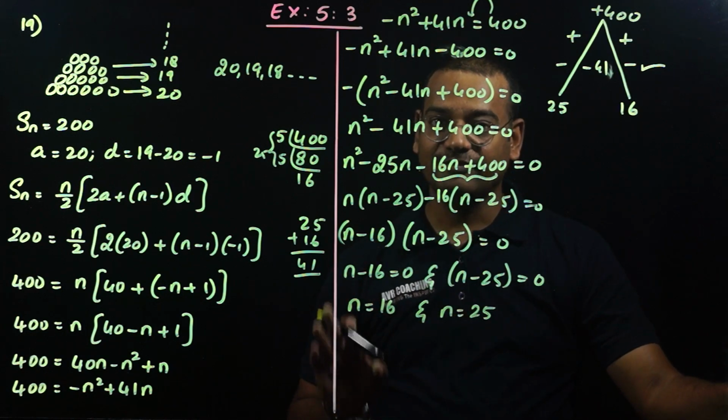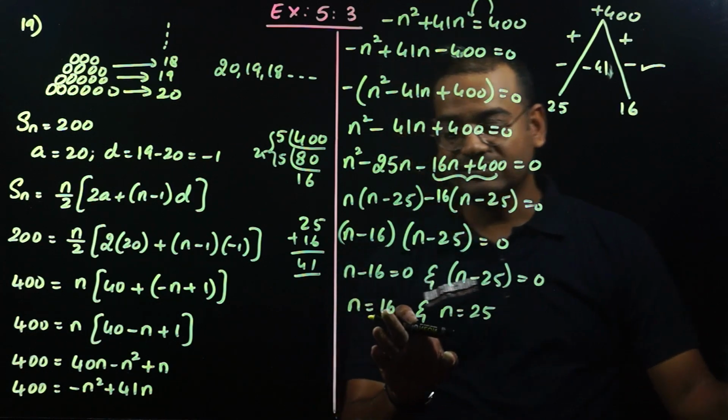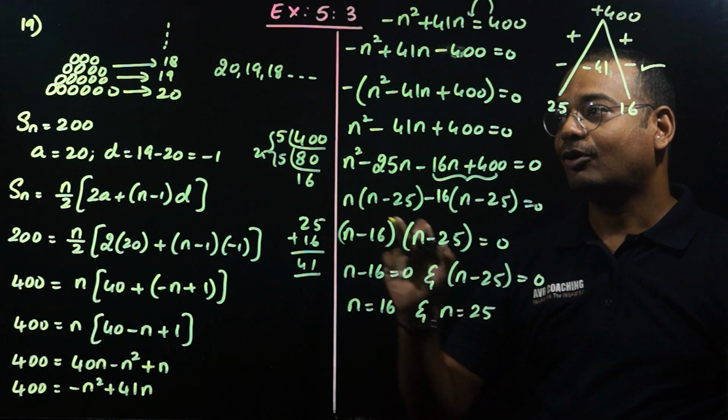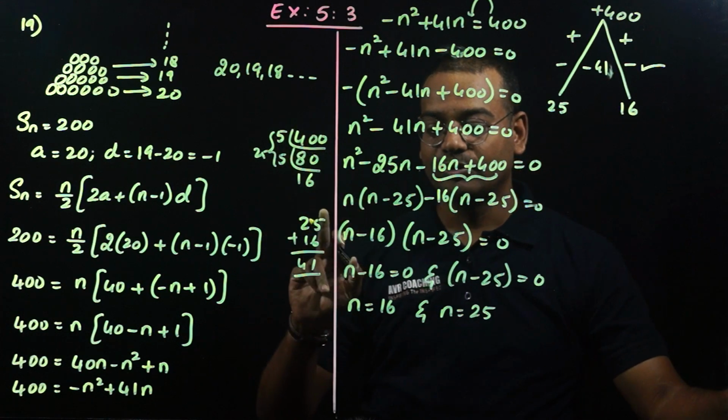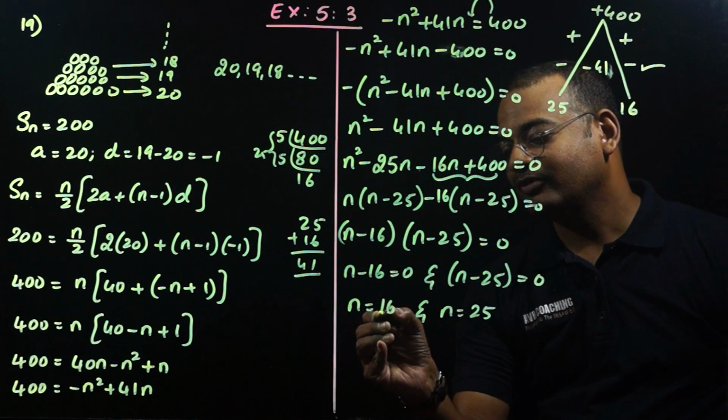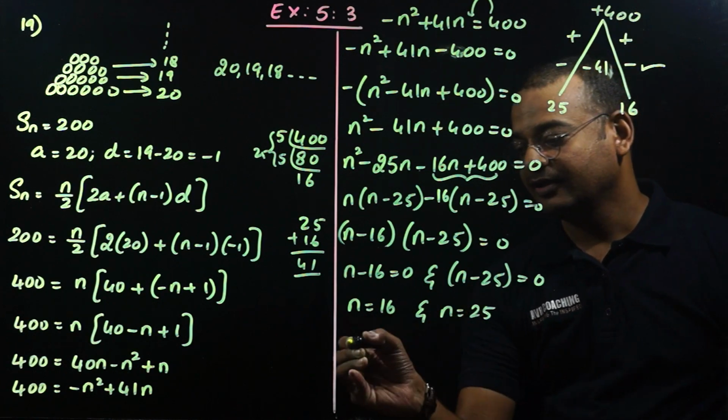So we cannot have both as the number of rows. Now we have to find out how many logs will be there in the top row. The number of rows will be 16 or 25.